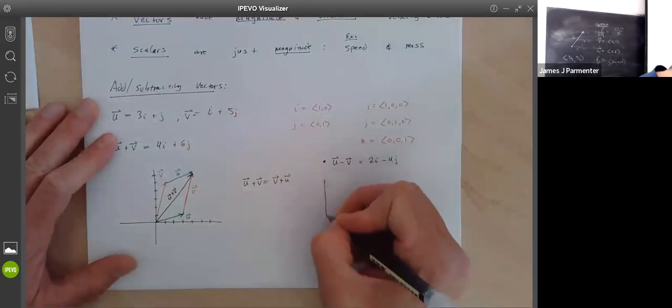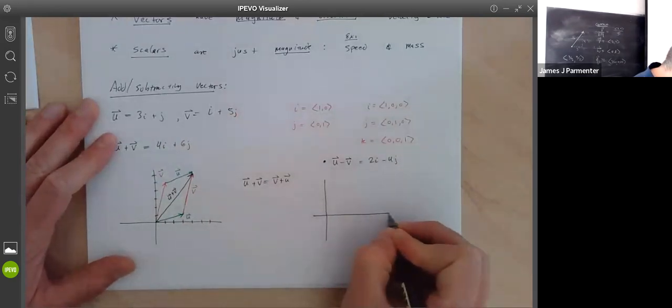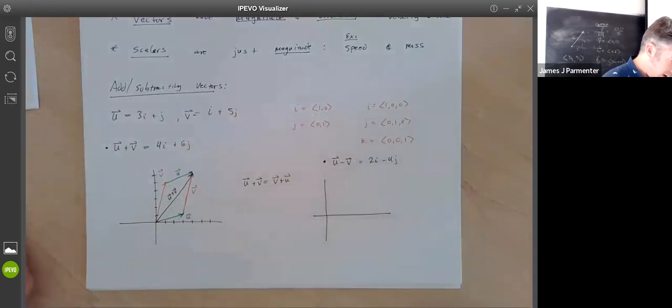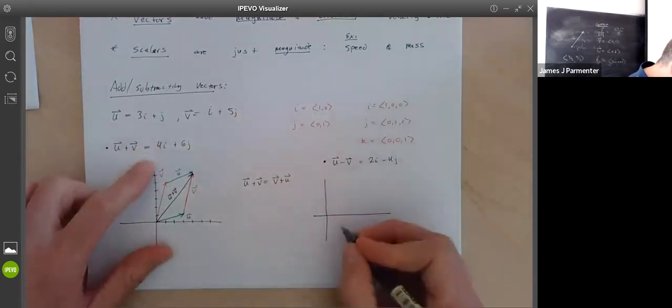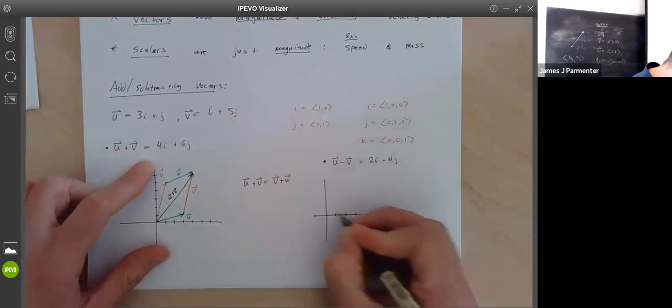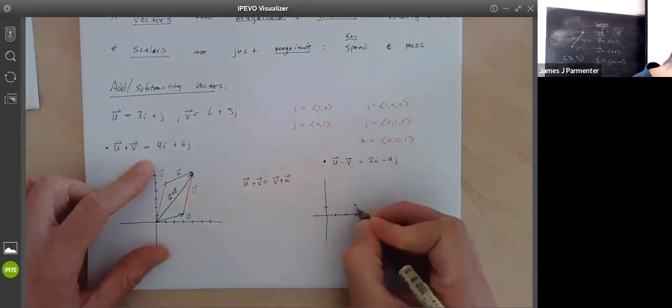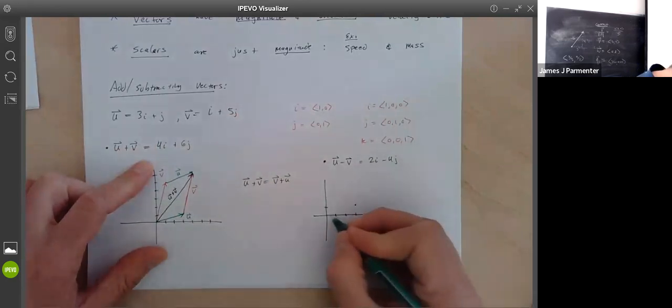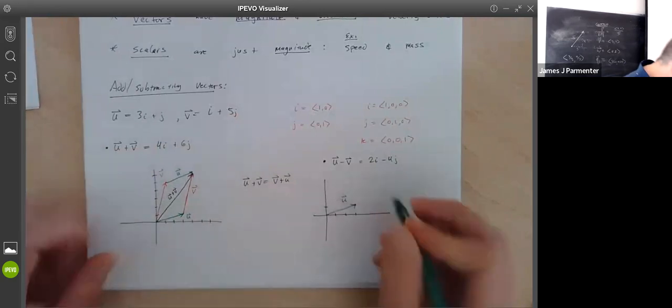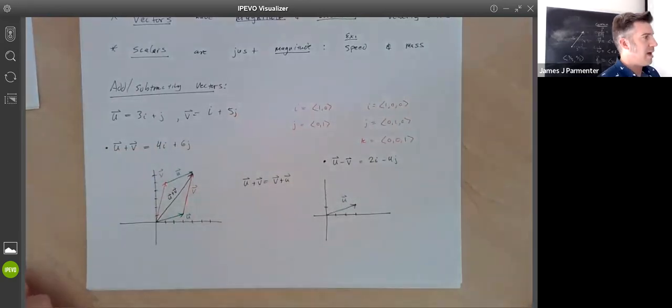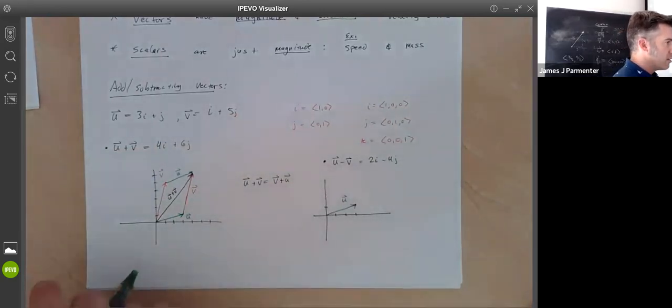Graphically, I always struggle to remember how you're supposed to do this one. So I always just draw it out. So I want u minus v. So I'm going to go in the u direction. So there's my u vector again. And then what I want to do is add negative v.